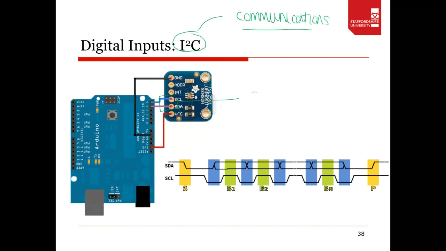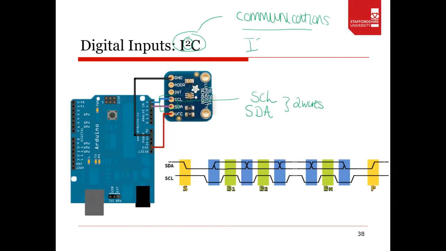So you've got SCL and SDA. These are the 2 wires. It's known as a 2-wire protocol. This is why it's got the 2 in the I2C.